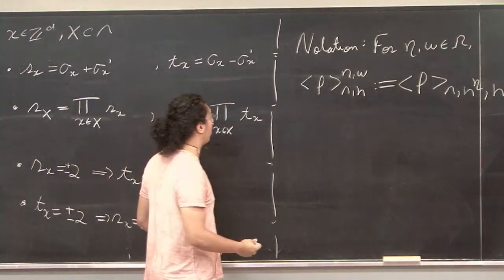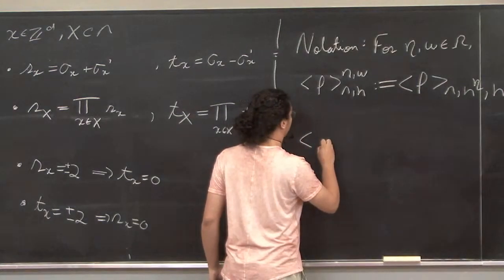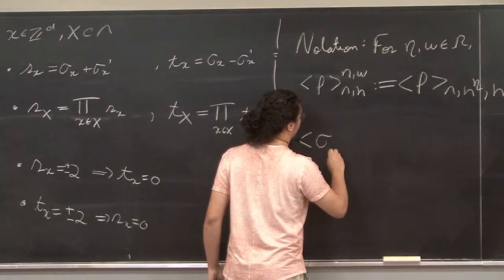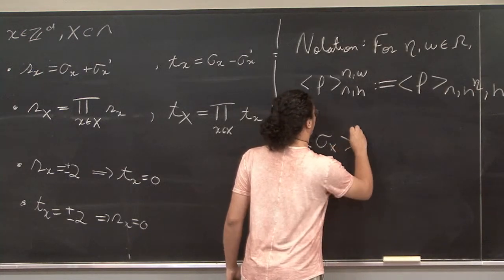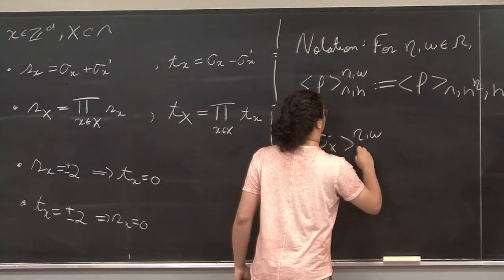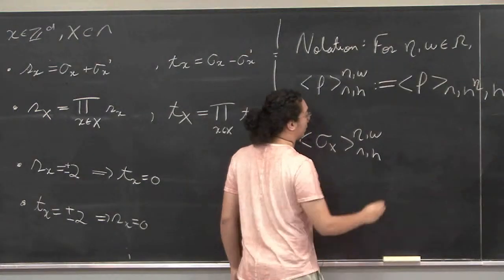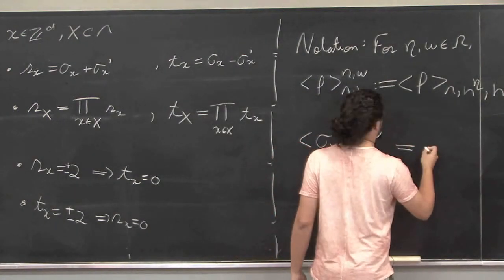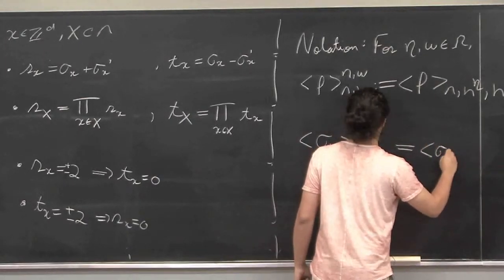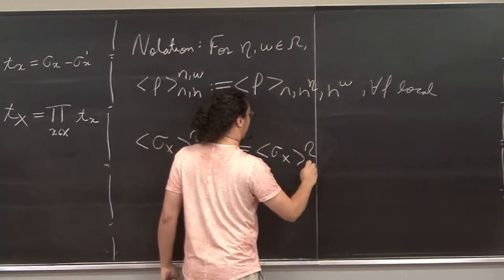So, for example, if you consider this space of sigma x of eta y and lambda h, as you can check, you recover the first boundary condition.